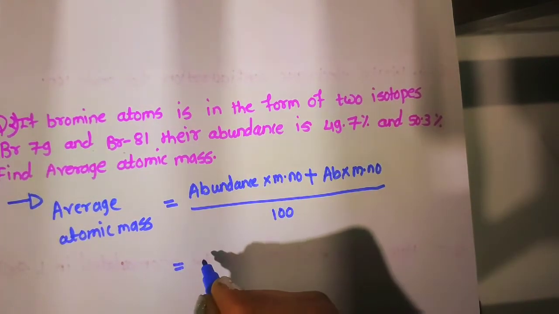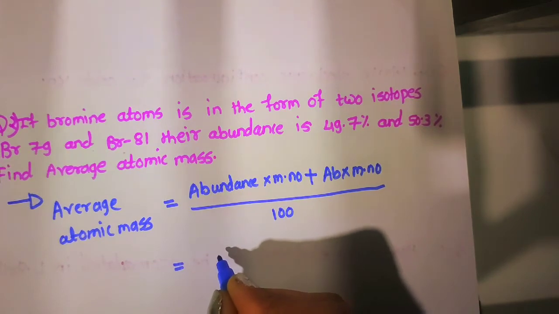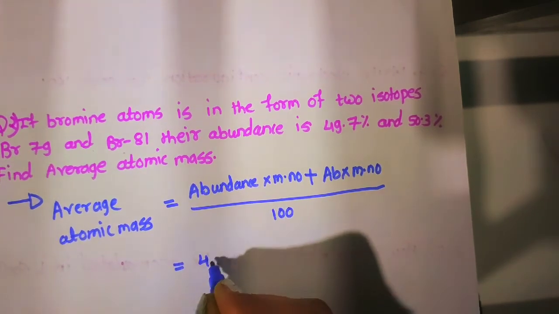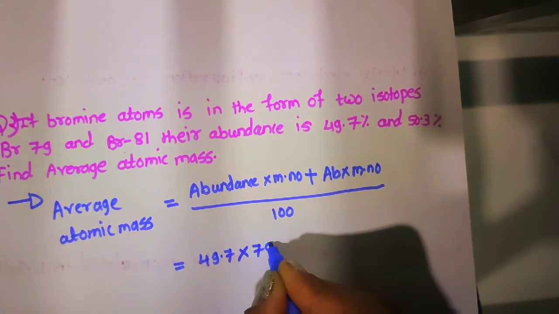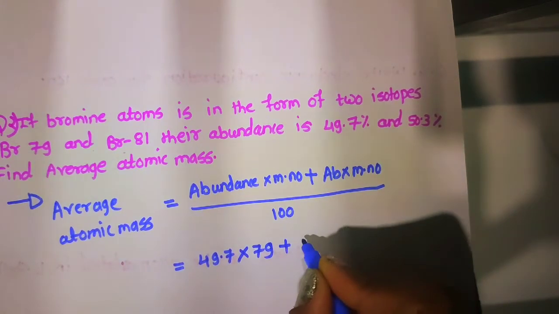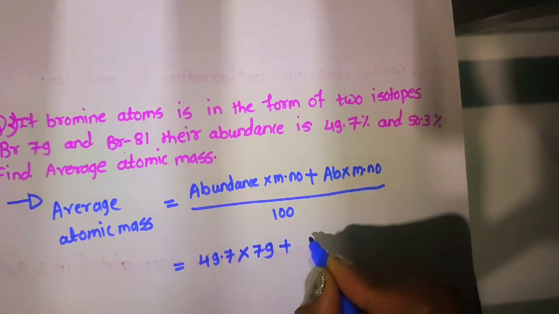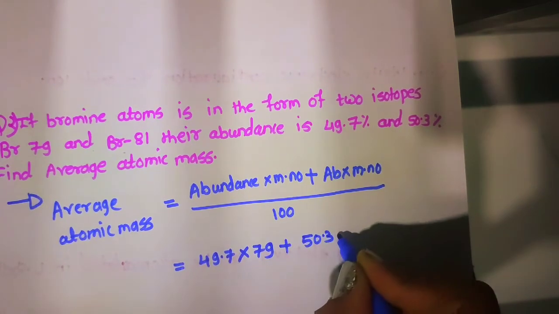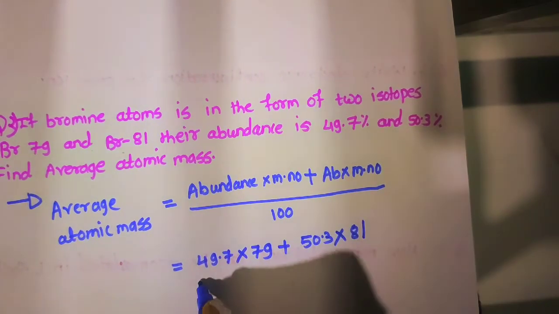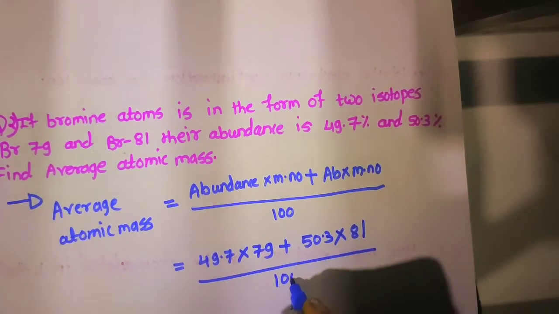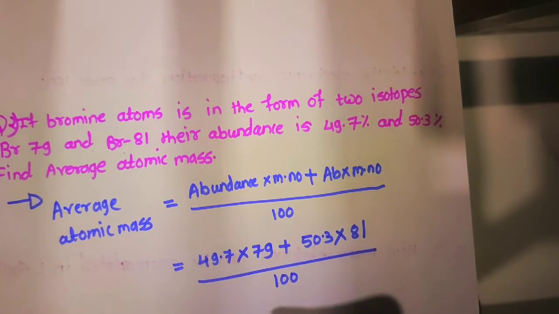So bromine 79 has abundance 49.7% and its mass number is 79, plus the second, bromine 81, has abundance 50.3% multiplied by its mass number 81, divided by 100. You have to go through this way.